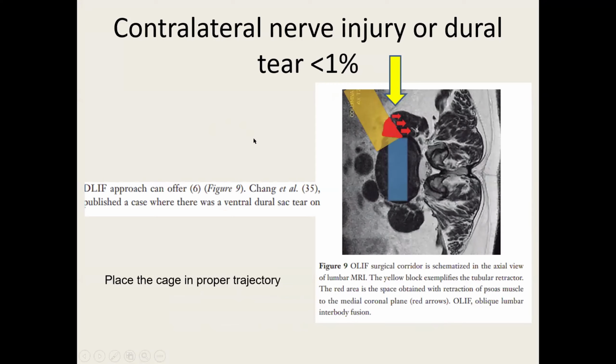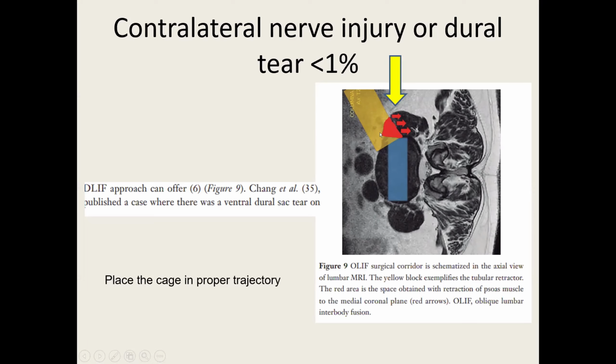One more complication, which is only in case reports, is contralateral nerve root injury. With OLIF, it is actually obliquely placed, but when you place the cage, it is transversely along this. So many times you have to reflect and take the anterior part of the psoas to get the angle. With this, there are chances that you can damage some of the lumbosacral plexus, especially at L4-5.